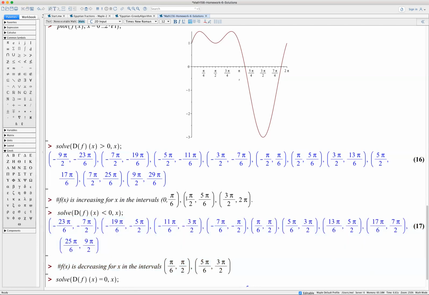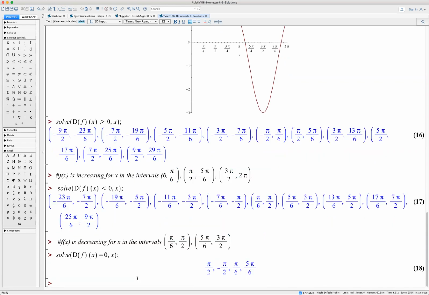So increasing, increasing, increasing, goes up, turns around at pi over 6, turns around at pi over 2 and is increasing again till it gets to 5 pi over 6, turns around and is starting to come down till it gets to 3 pi over 2, increasing till it gets to 2 pi. So max, min, and I don't know why it doesn't want to solve this way I would like.